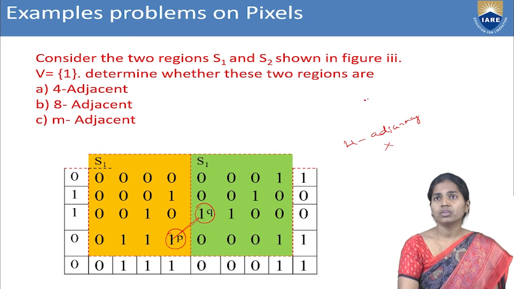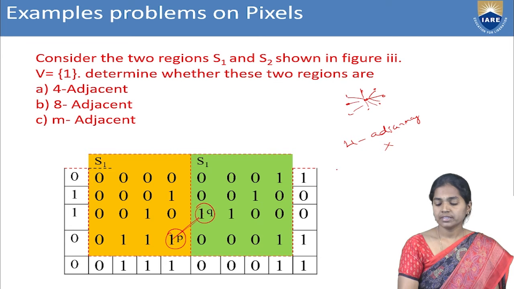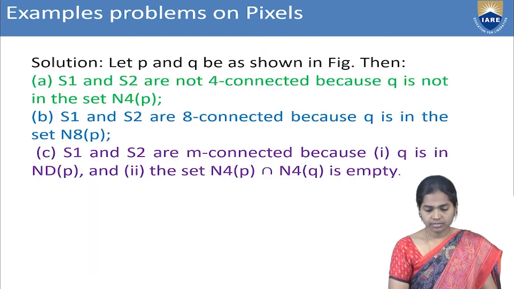What about 8 adjacency and M adjacency? When we go for 8 adjacency, we can choose top, bottom, left, right and diagonals also. Here this point P to Q is in diagonal form. So in this case, 8 adjacency exists and M adjacency also exists.